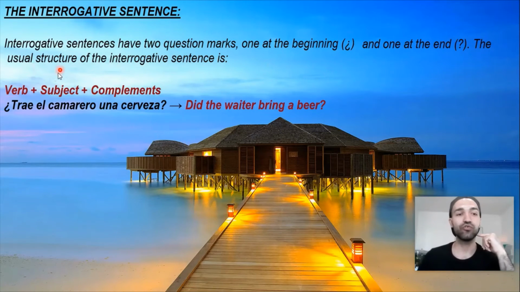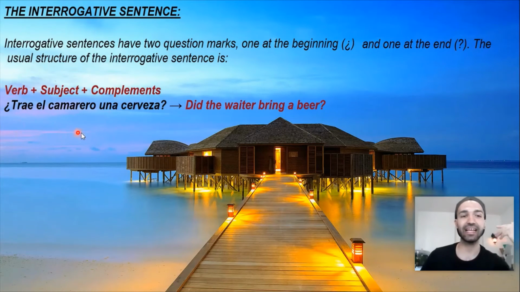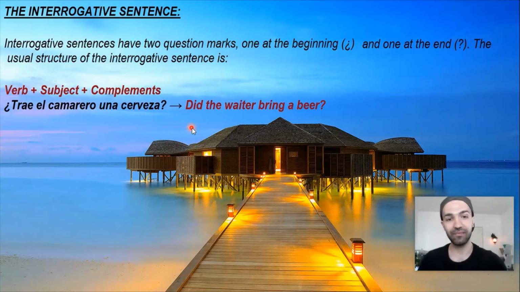So, the usual structure of the interrogative sentence is verb, subject, complements. Here, the verb will come first, not the subject. When we ask a question, the verb will come first, not the subject. ¿Trae el camarero una cerveza? Does the waiter bring a beer?